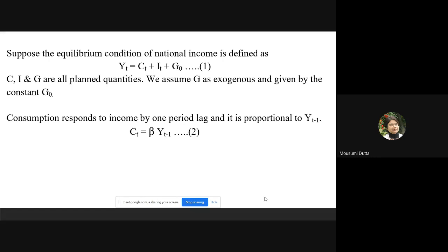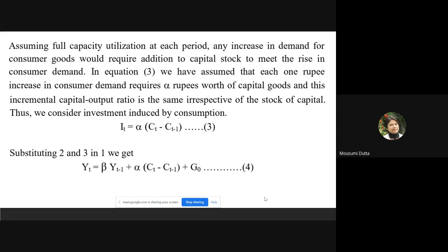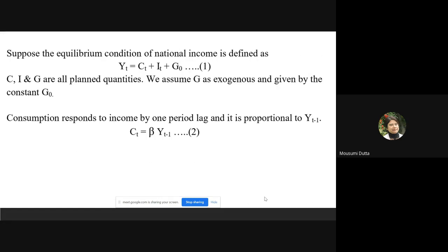At the individual level, when we think about consumption expenditure, it happens that at the beginning of the month we get the salary, and on the basis of the salary of March, I'm planning my consumption in the month of April. Then again, on the basis of the salary of April, I'll plan my consumption in May.